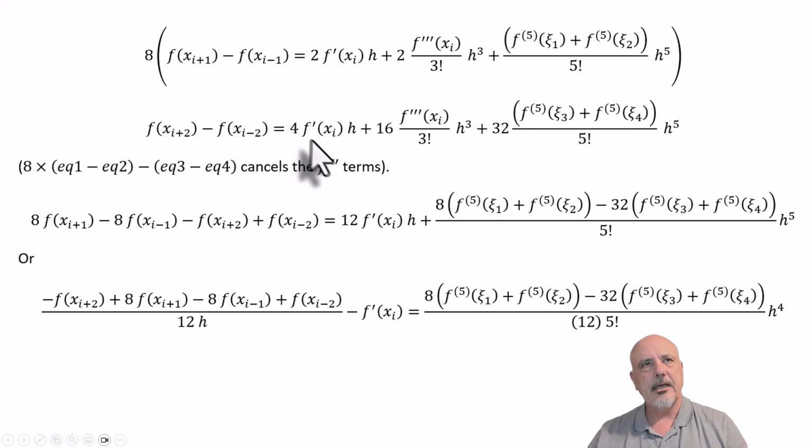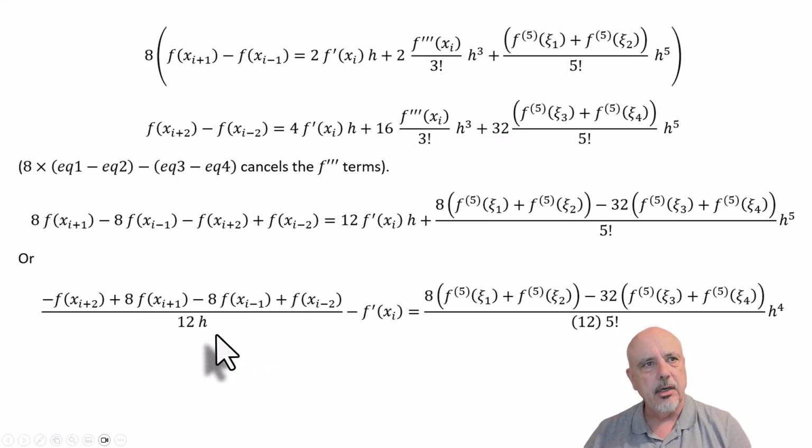And on the right-hand side, I've got the 12 f prime of x sub i times h. And then I've carried through on all my Cassis. I think I have that all right. So then, like I've been doing, I put my f prime over on the left-hand side and divide through by what would be 12h here. So I've got a big numerator in terms of 4 points divided by 12h.